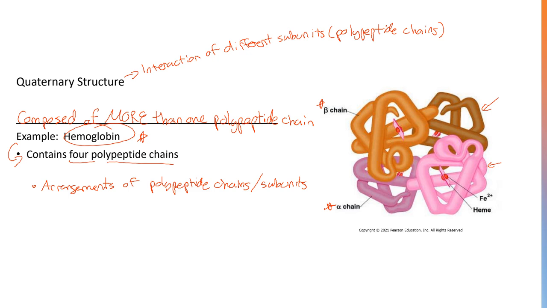So it is the arrangement of polypeptide chains or subunits that determines the quaternary structure, and thus the function of the protein.